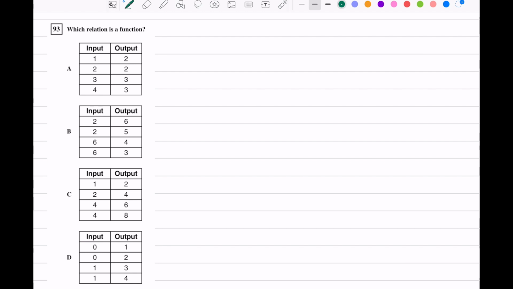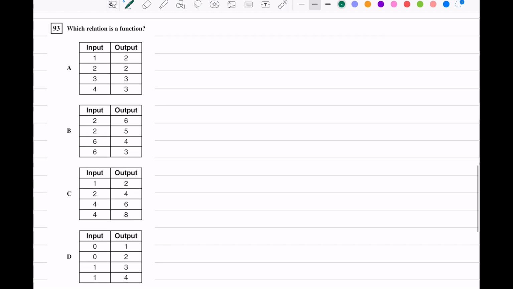Which relation is a function? So this is the same as the previous problem, it just looks a little different. Instead of pairs of numbers, we have a table. So we have our inputs, which would be the x values, and then our outputs, which would be the y values. So we just need to check, is each x associated with one y?